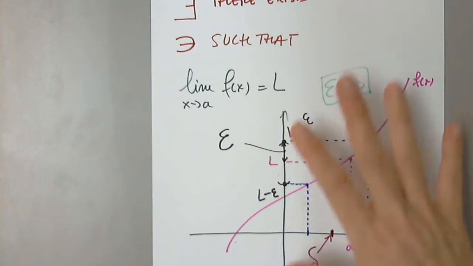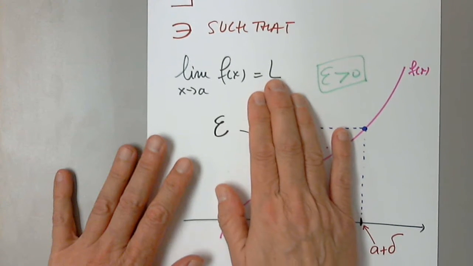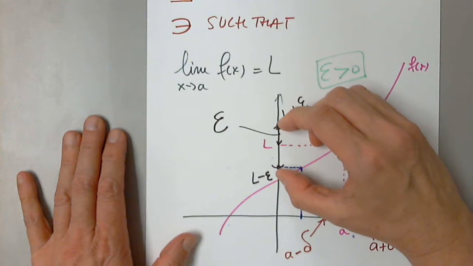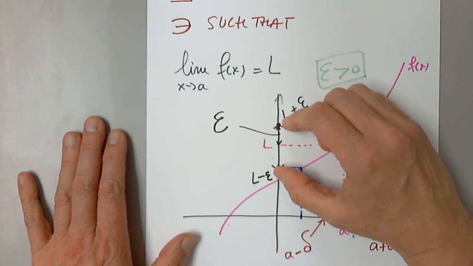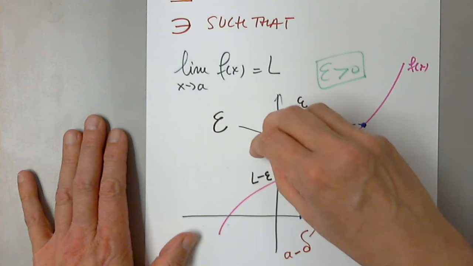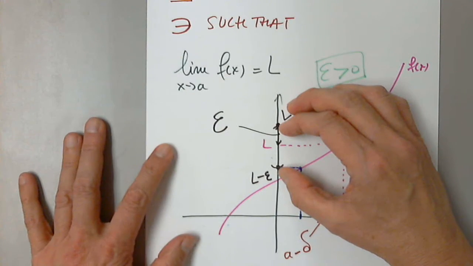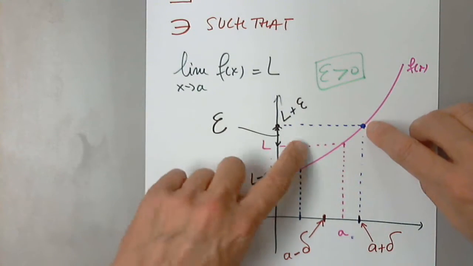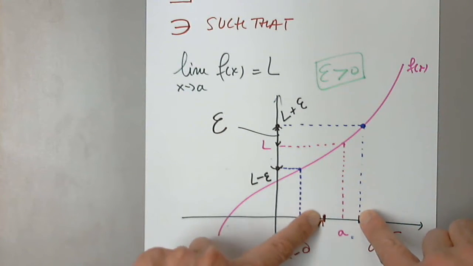Coming back, the limit exists because for every epsilon near L, as small as you wanted it to be, you can zoom in forever. I can make it as small as I want. I will be able to find a corresponding delta.